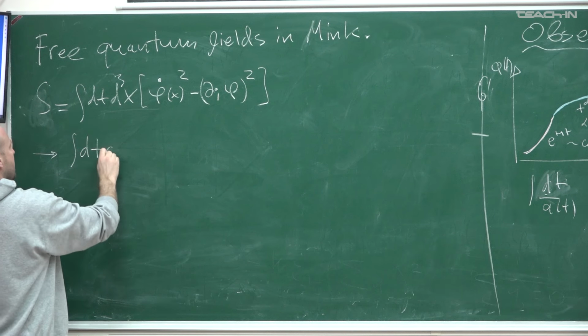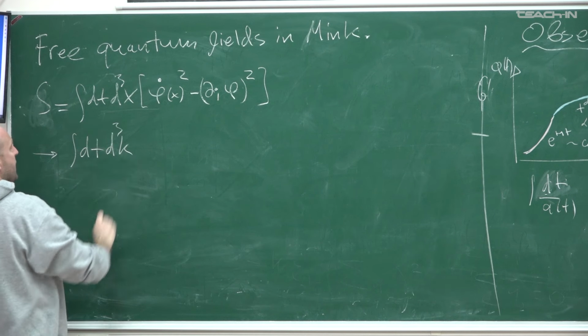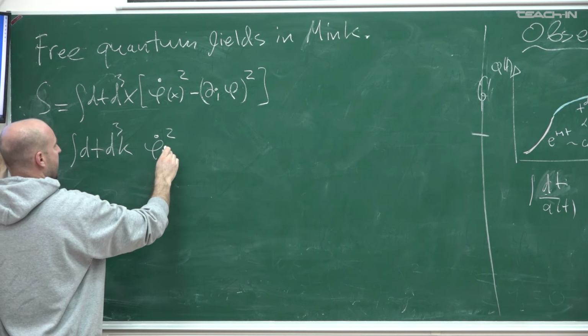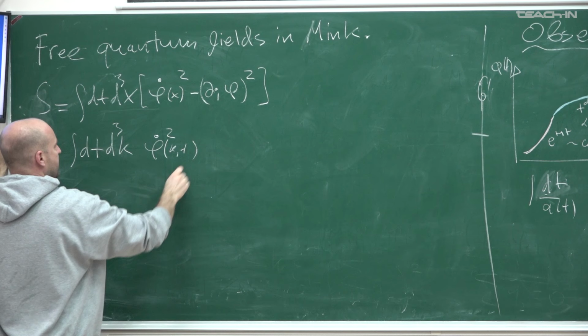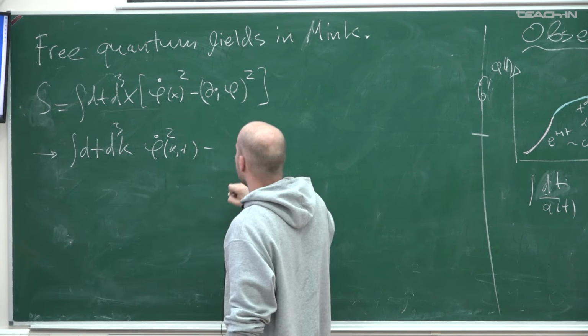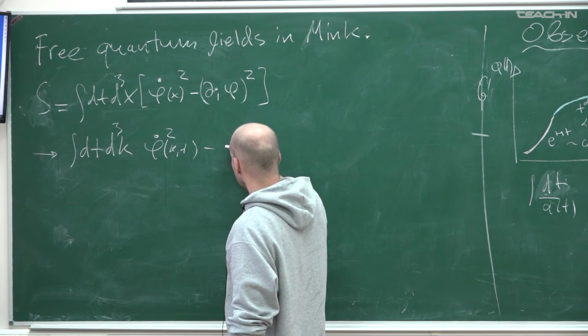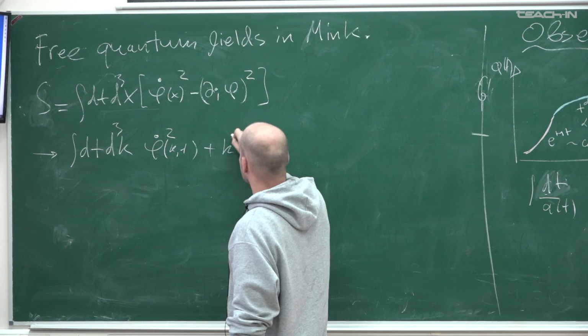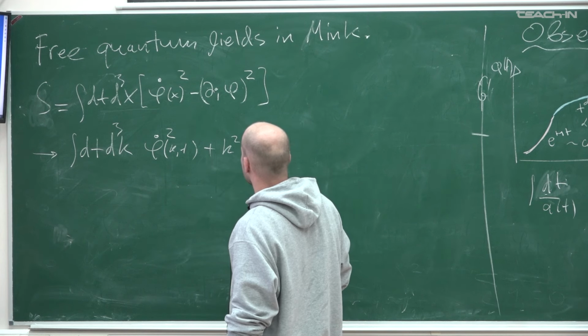Integral dt d3k, and here we still have phi dot squared that now depends on k and t, and then plus k squared. I guess it's going to be a plus.